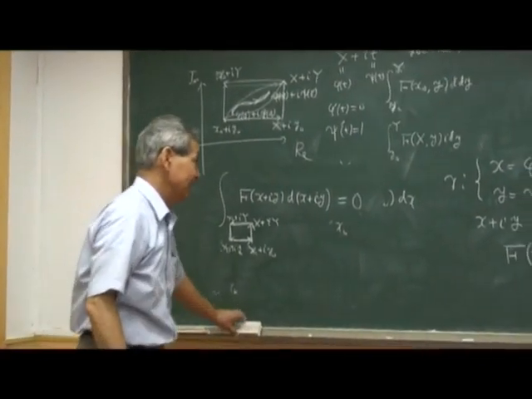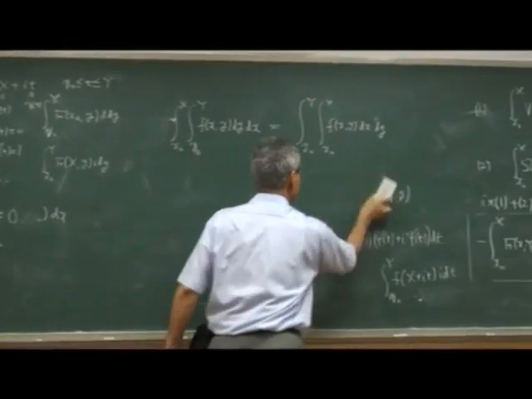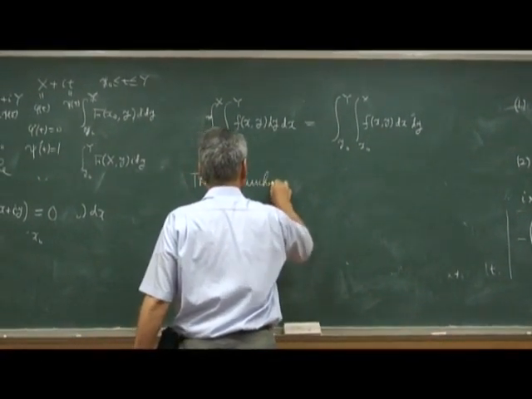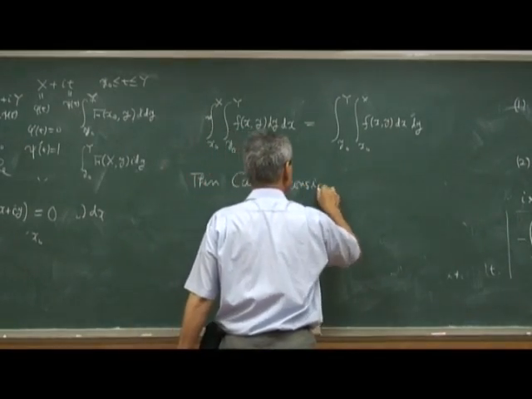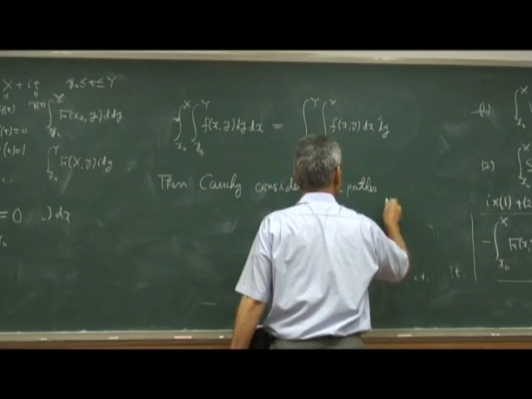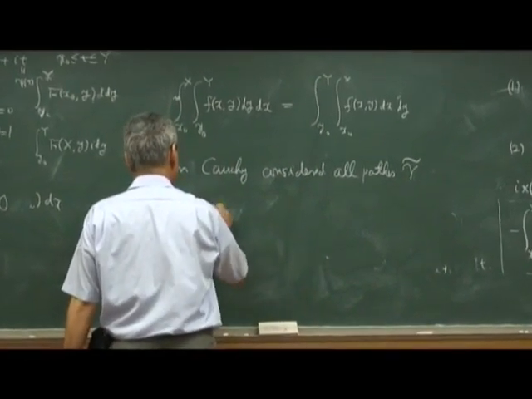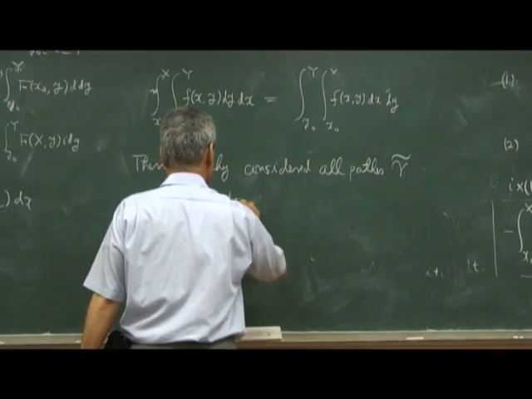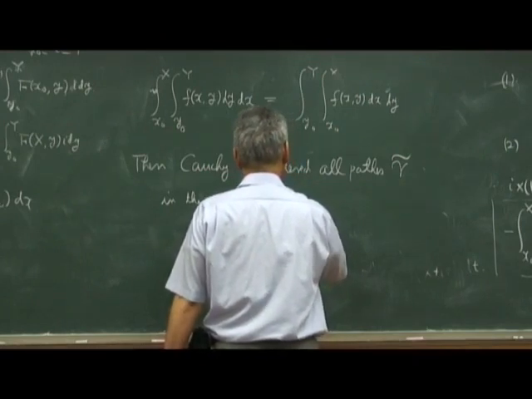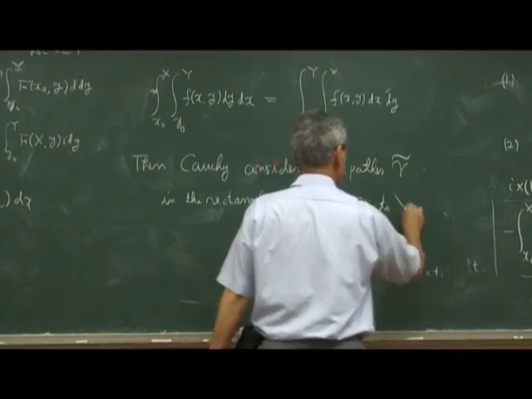All paths. Then Cauchy considered all paths gamma tilde in your rectangle, joining x0 plus iy0 to x plus iy.